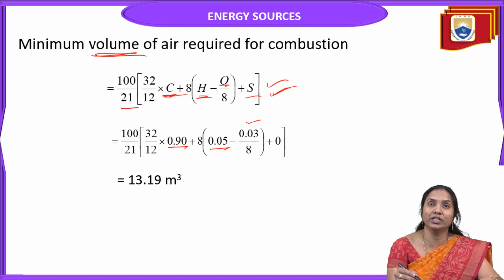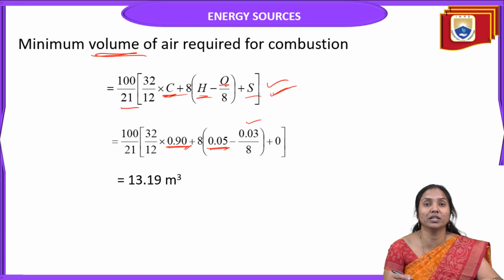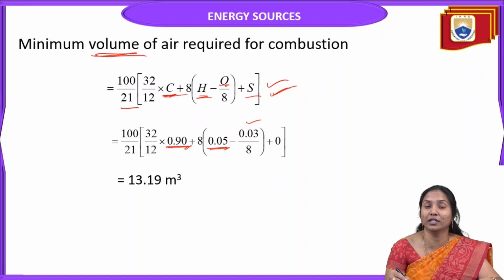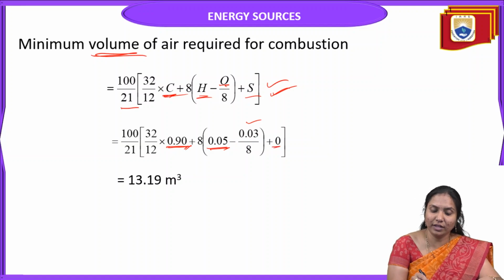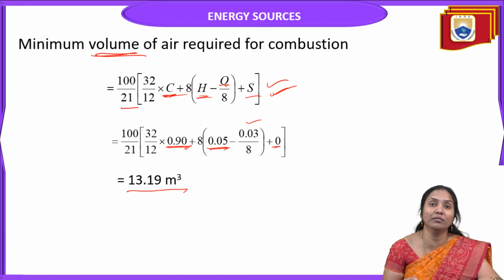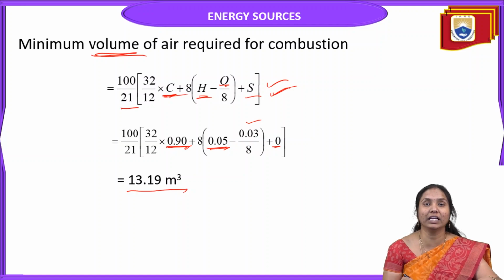Sulfur is not mentioned here, so we take its value as 0. Finally the value is 13.19 meter cube by volume. So the minimum volume of air required for complete combustion is 13.19 meter cube.